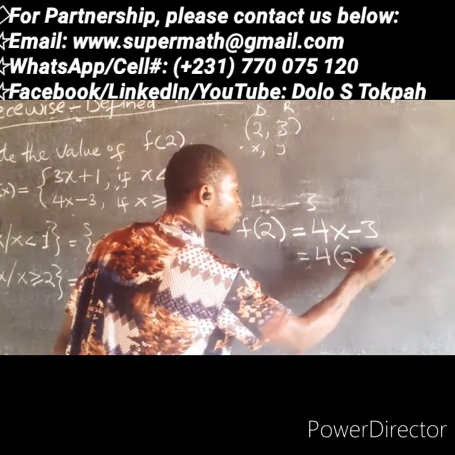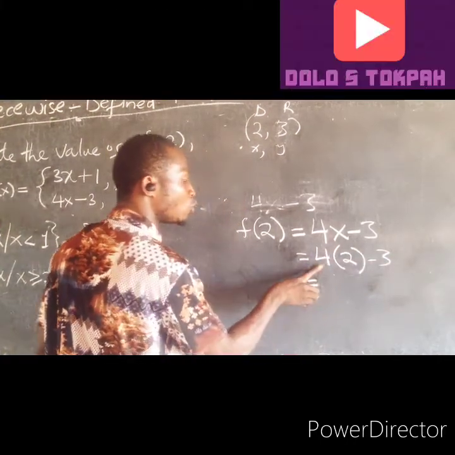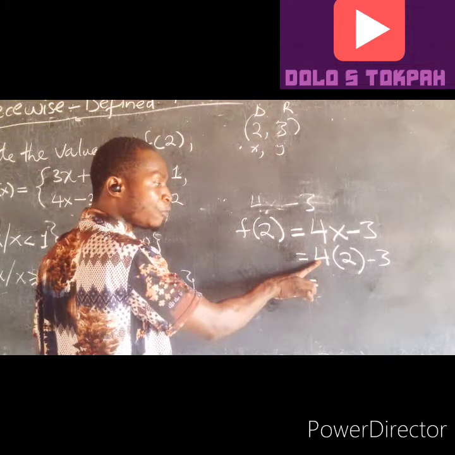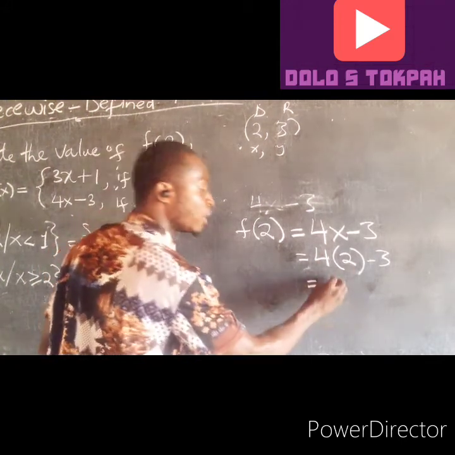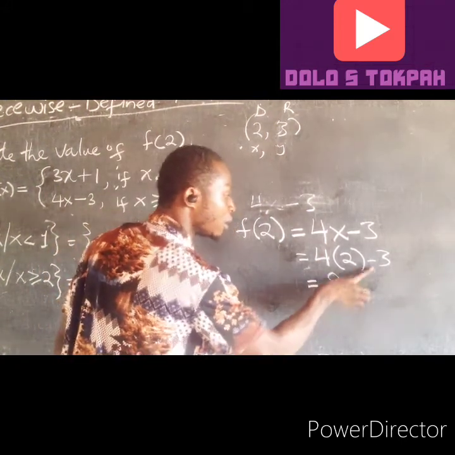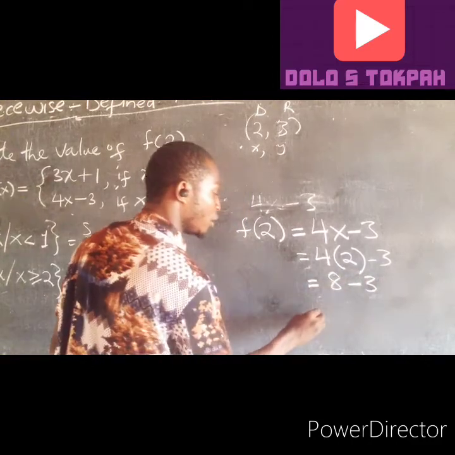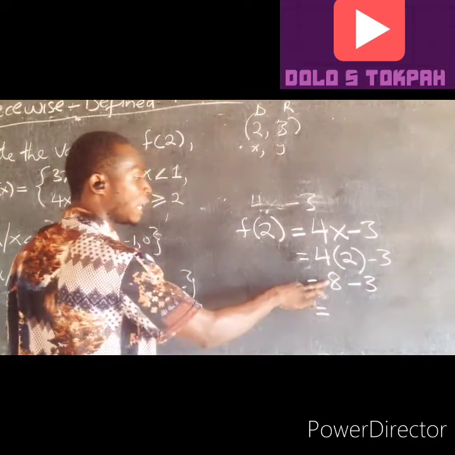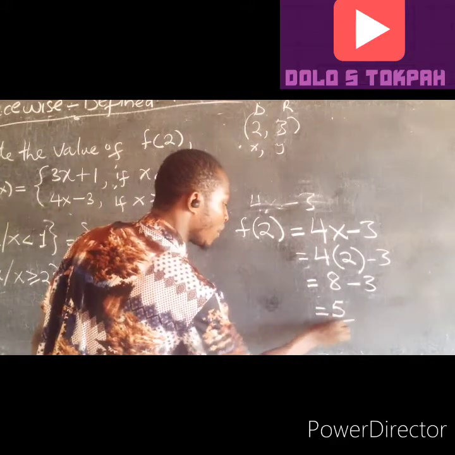It will be 4 times positive 2 minus 3, which gives us positive 8 minus 3. So finally, 8 minus 3 will give us 5.